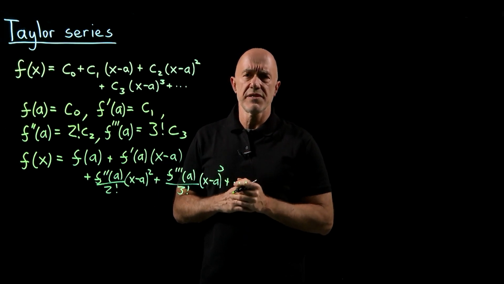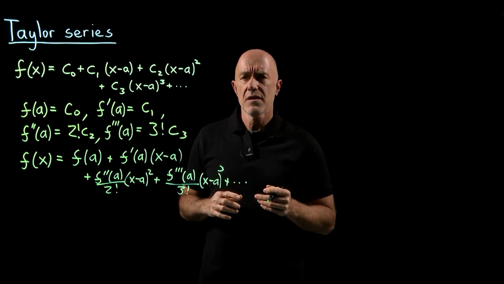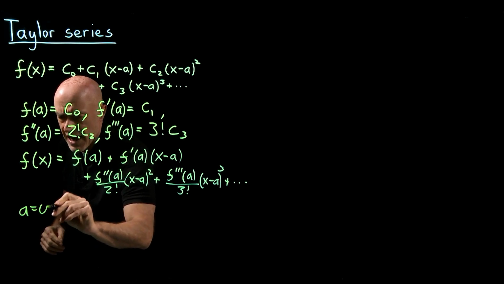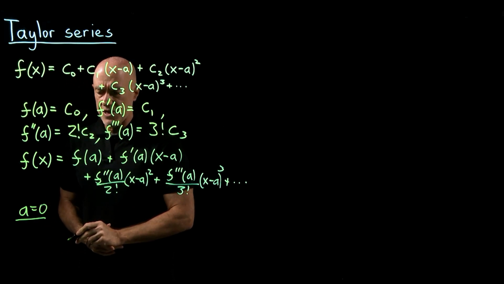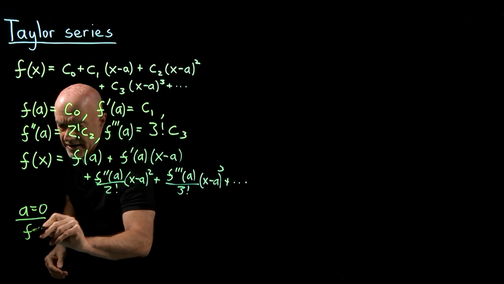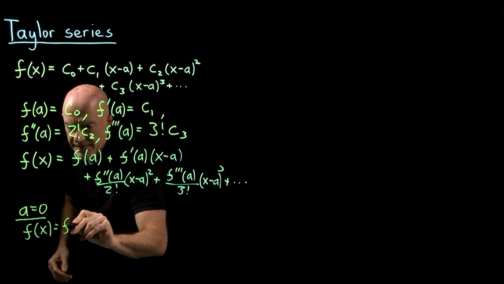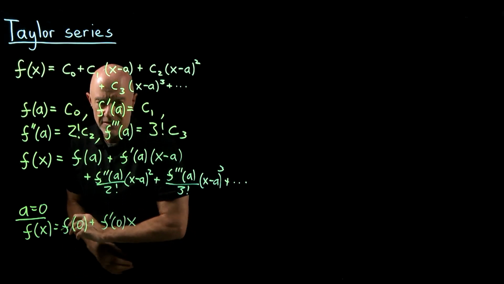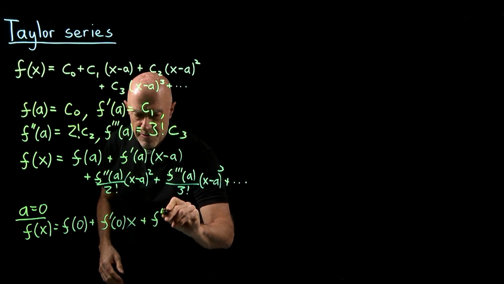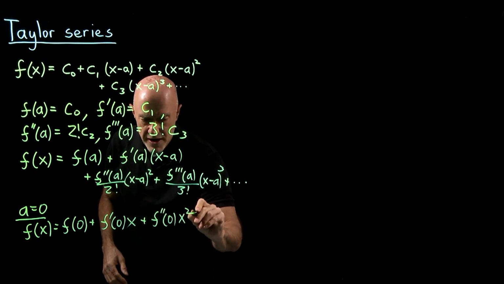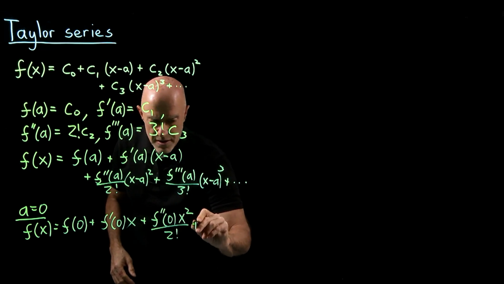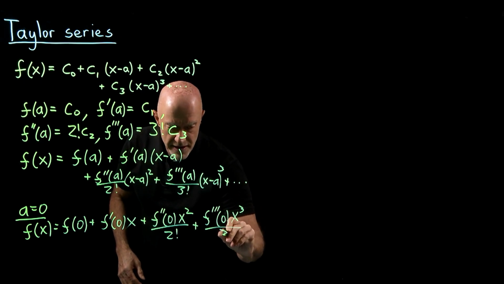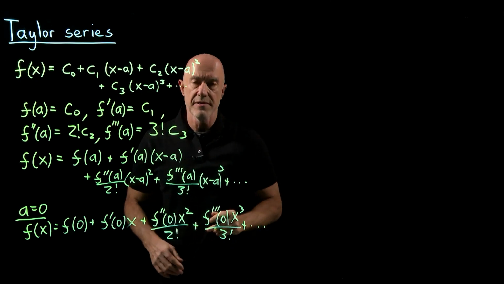Usually, we Taylor series expand functions about 0, so we might as well do this. This is the most common form. So if we take a equals 0, then we will have f of x is equal to f of 0 plus f prime of 0 times x plus f double prime of 0 times x squared over 2 factorial plus f triple prime of 0 times x cubed over 3 factorial, etc. Okay?